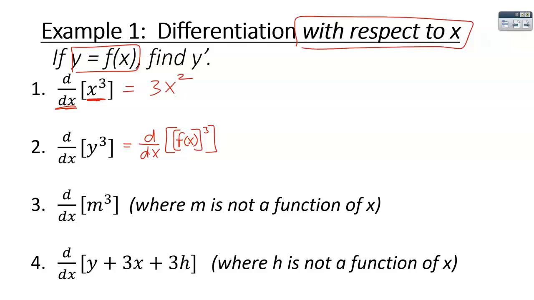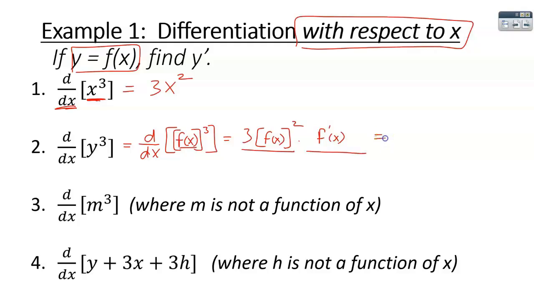So, let's do that. The inside function is f of x. The outside function is that quantity cubed. So, derivative of the outside times the derivative of the inside. So the derivative of the outside would be 3 quantity squared, and that quantity is f of x, times the derivative of the inside, which is f prime of x.